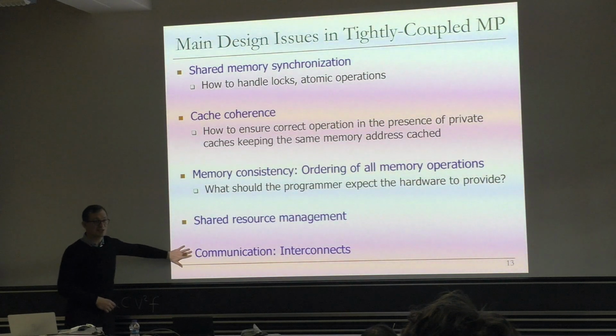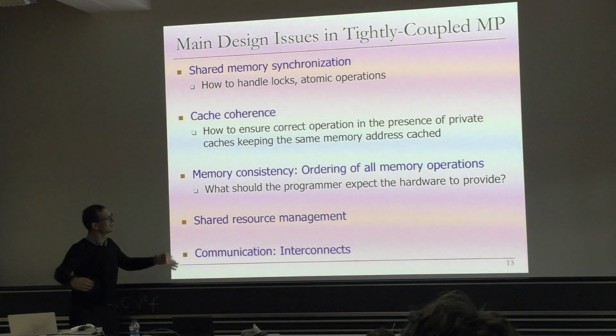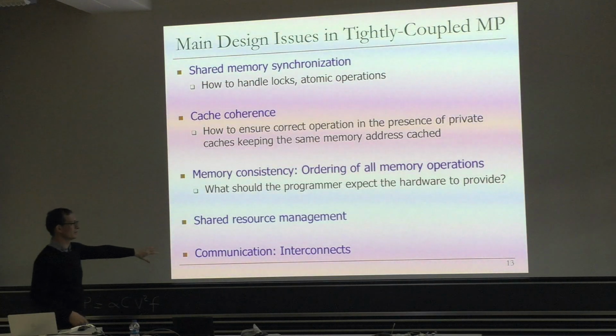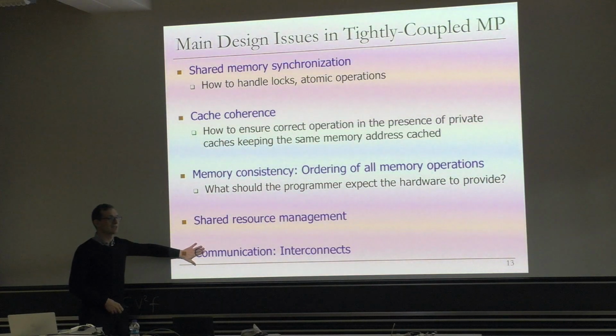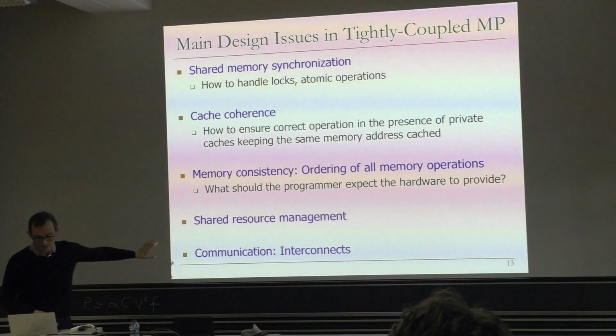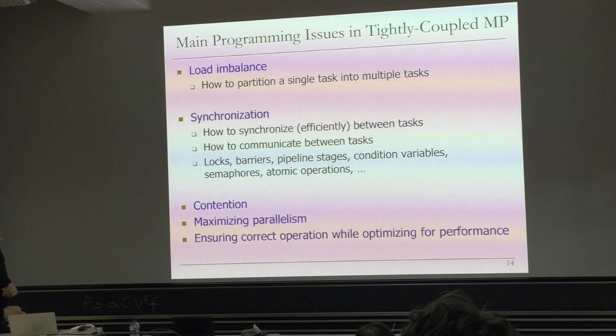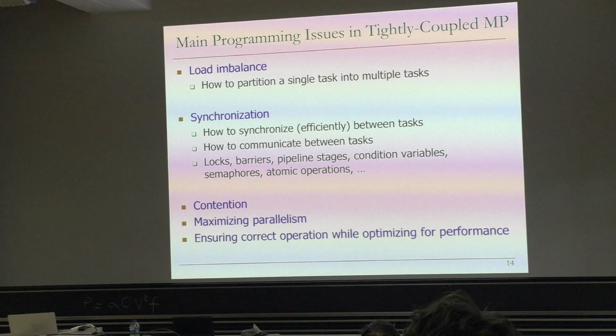And we're going to talk about interconnects because in the end, if you want to scale a tightly coupled or loosely coupled multiprocessor, you're still bottlenecked by your communication substrate. So we'll talk about interconnects later on. So these are design issues, but there are also programming issues related to this, and we talked about this as well, so I'll go through this relatively quickly.